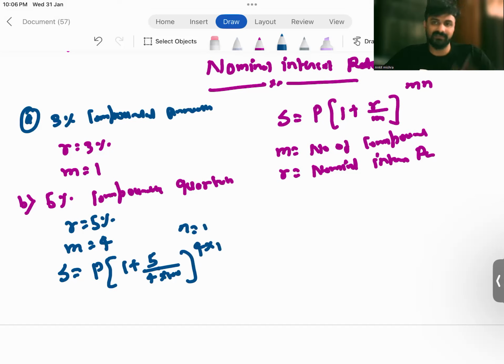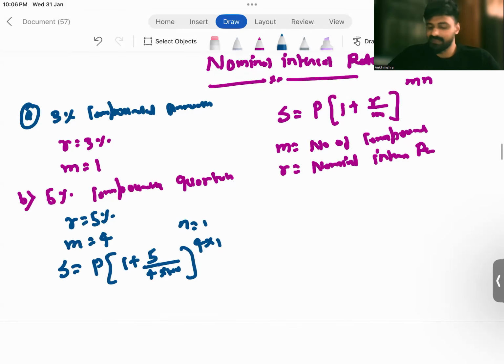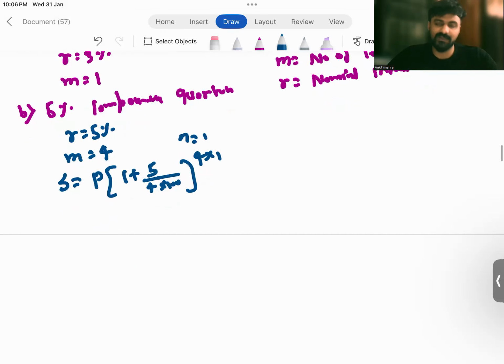This is how the future value of the present worth P can be calculated. P is the present worth of any particular asset, M is the number of compounding periods, and N equals 1 year. I just took 1 year to help you understand, and this is how you can calculate when the interest has been given quarterly.